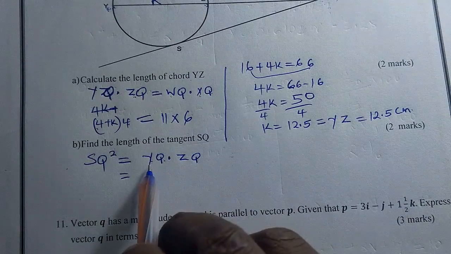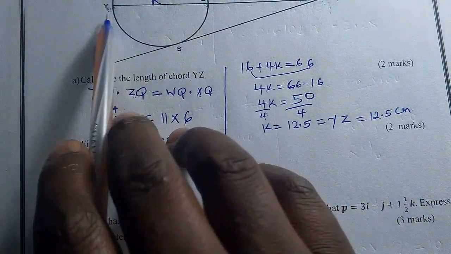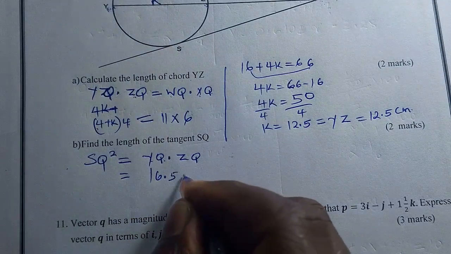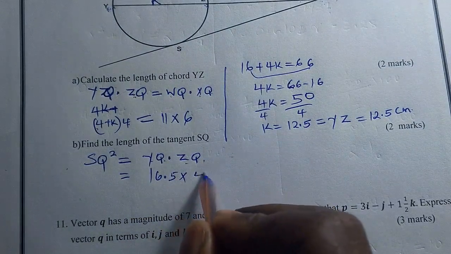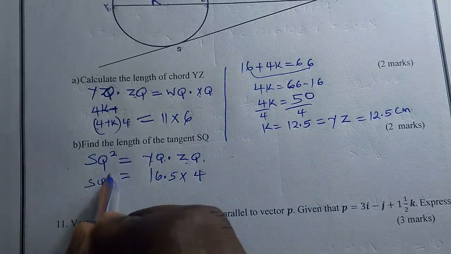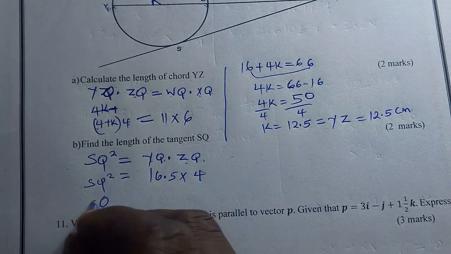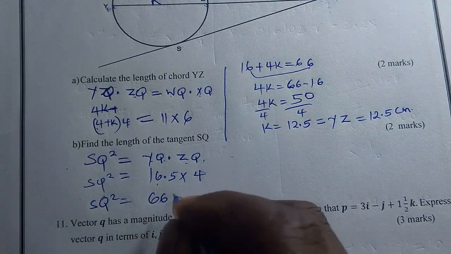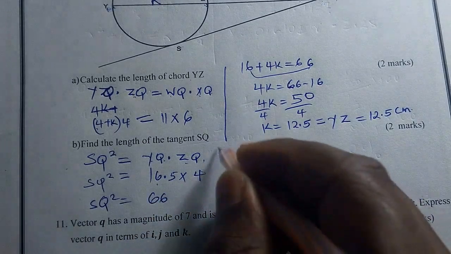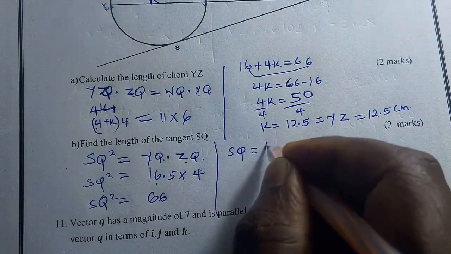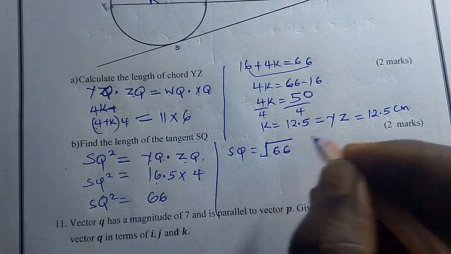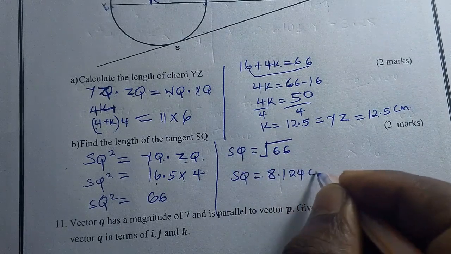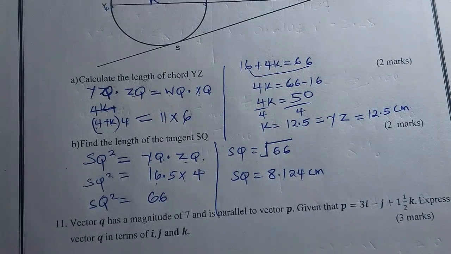That is 12.5 plus 4, that is 16.5, times ZQ, which is 4, will be equal to SQ squared. So SQ squared will be equal to this times this, that is 66. So to get SQ, you find the square root of 66. That is it.